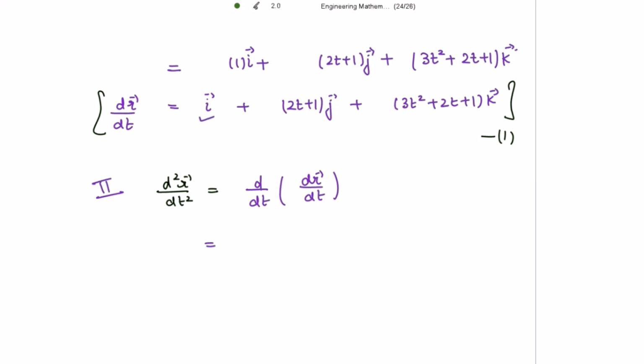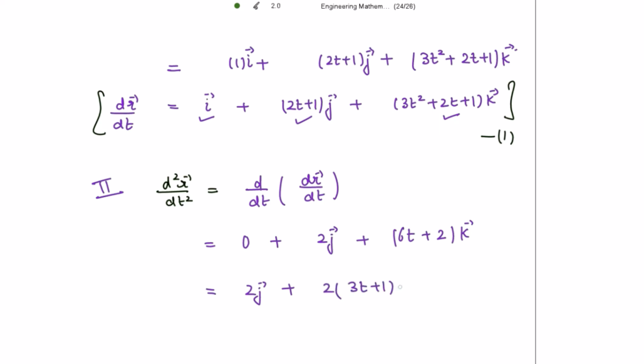Derivating this, we get 0, plus derivating this with respect to t, we get 2j vector, plus derivating this with respect to t, we get (6t plus 2) k vector. So we are getting the answer to be 2j vector plus twice of (3t plus 1) k vector, right?